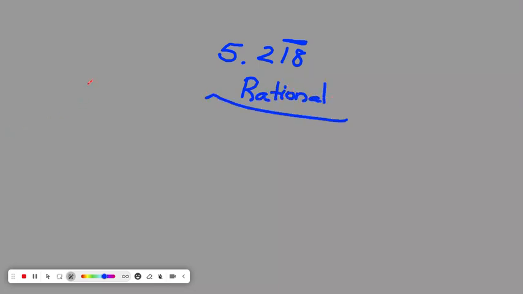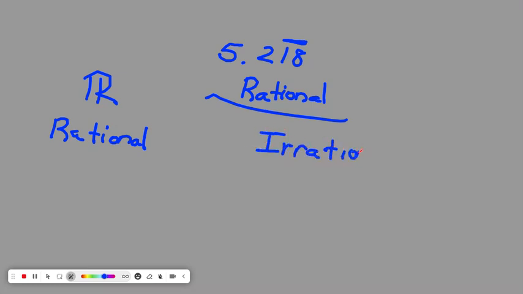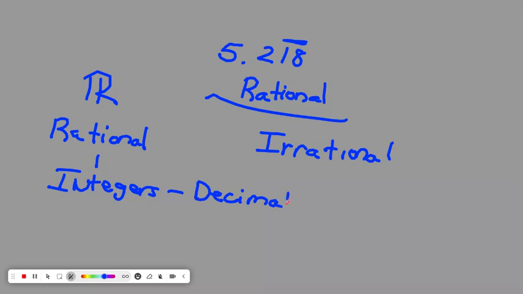Now, we have our real numbers, and then we have our rational numbers. We also have irrational numbers. And under the rational numbers, we can go down with integers, which we talked about before. We can have integers, we can have decimals, or we can have fractions, right?